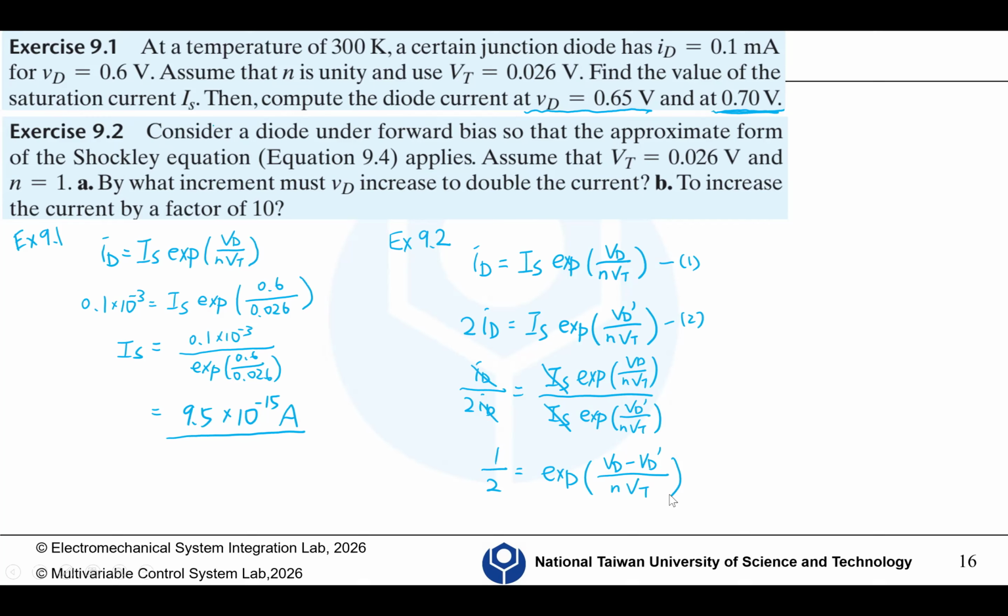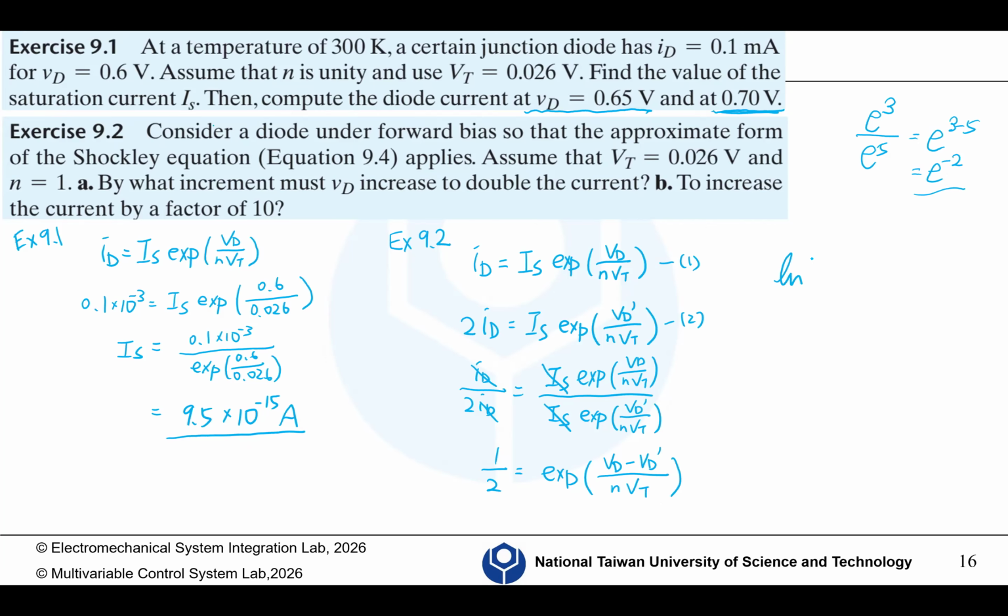Okay, so you should know this, right? If you have exponential 3 divided by exponential 5, it will be exponential 3 minus 5, which is exponential minus 2. So we divide by this power, and then we can take the natural log on both sides.